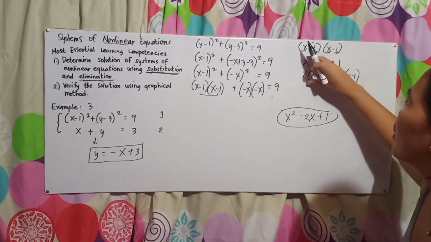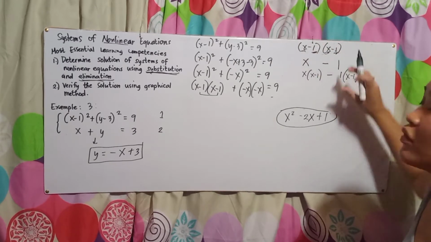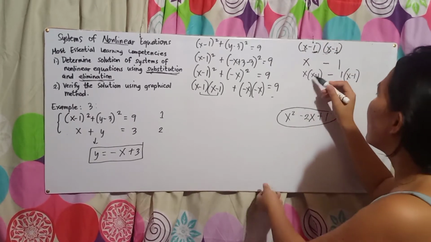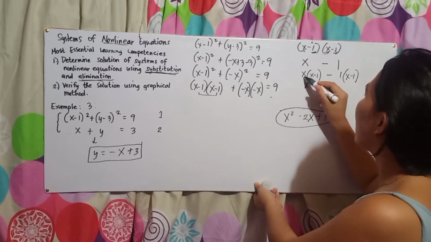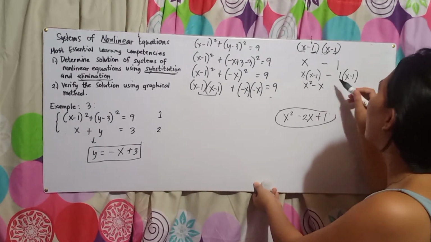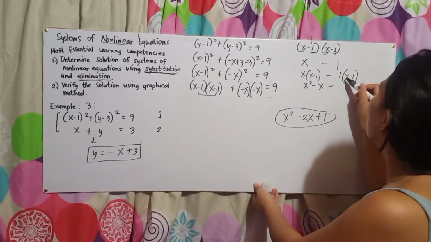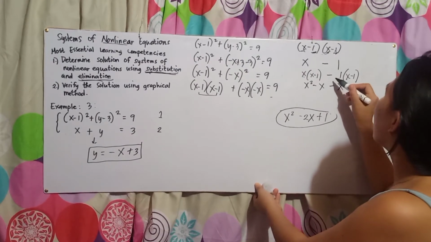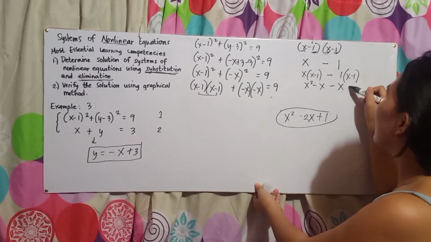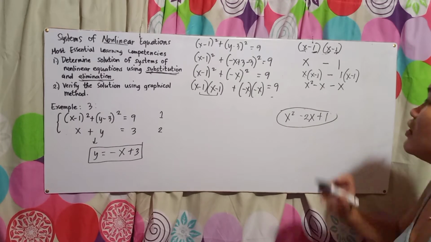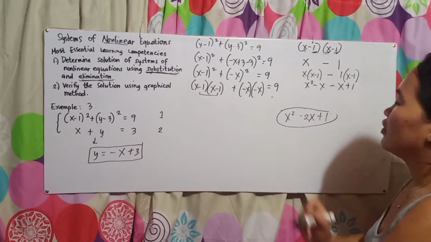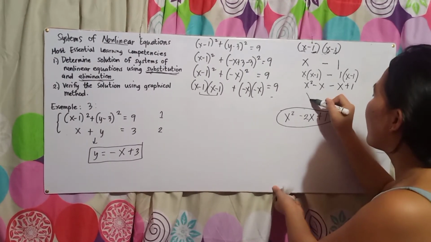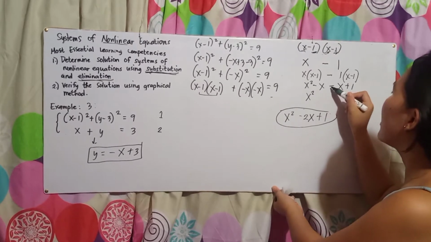We multiply here and multiply there. x times x is x squared, x times negative 1 is negative x, negative 1 times x is negative x, negative 1 times negative 1 is positive 1. So, x squared, negative x minus x.